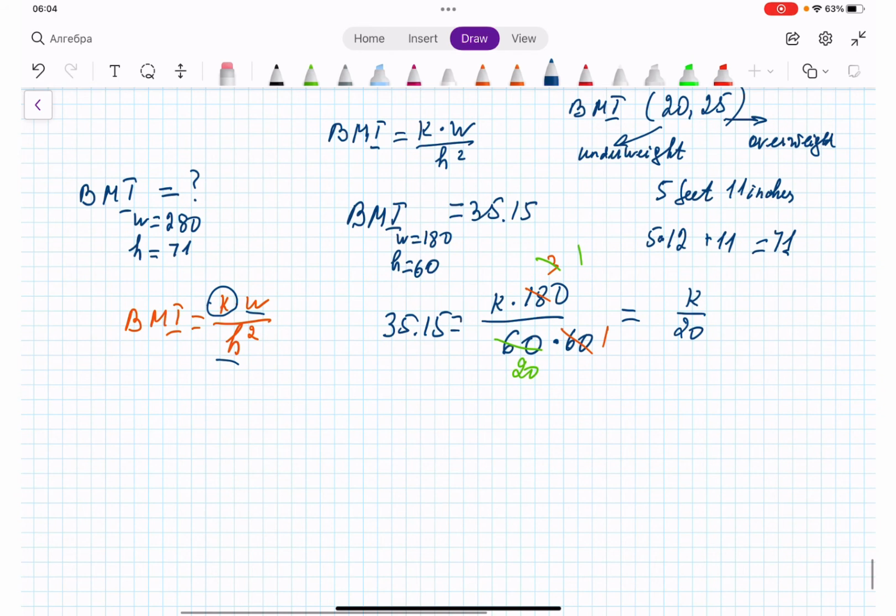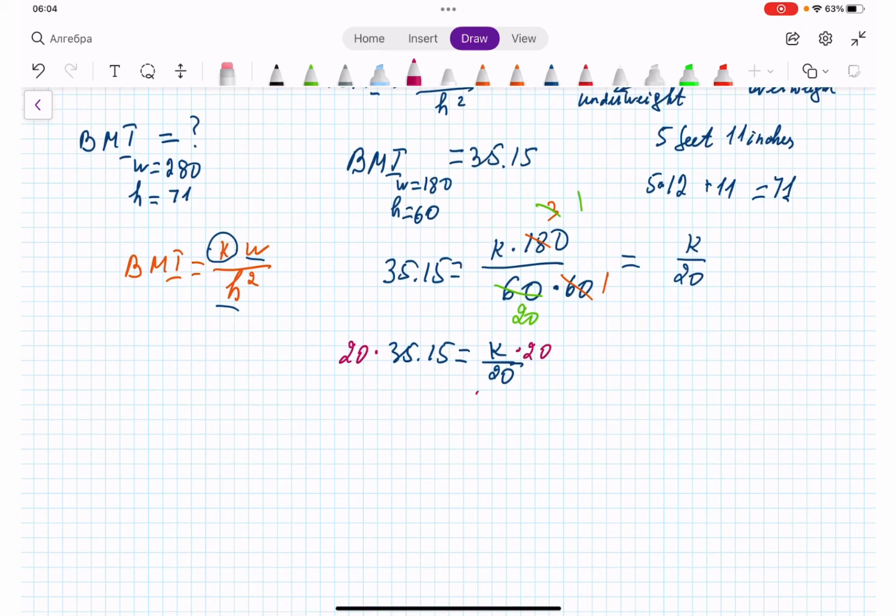So 35.15 is equal to K over 20. Then to get K, since this is division, I need to multiply by 20. We do the opposite operation. Remember when we have 3K, to get K we divide by 3, opposite operation. Multiplication is the opposite of division. To get rid of this coefficient 1 over 20, we need to multiply by 20, and the same change we are doing here also.